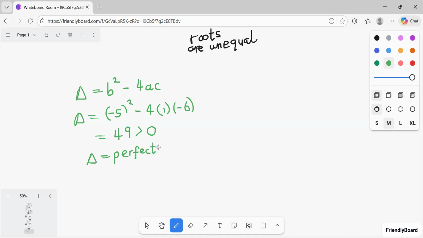So if delta is greater than 0 and delta is a perfect square, that simply means that the nature of roots are real. They are rational. Why? Because 49 is a perfect square, so it's going to be rational.